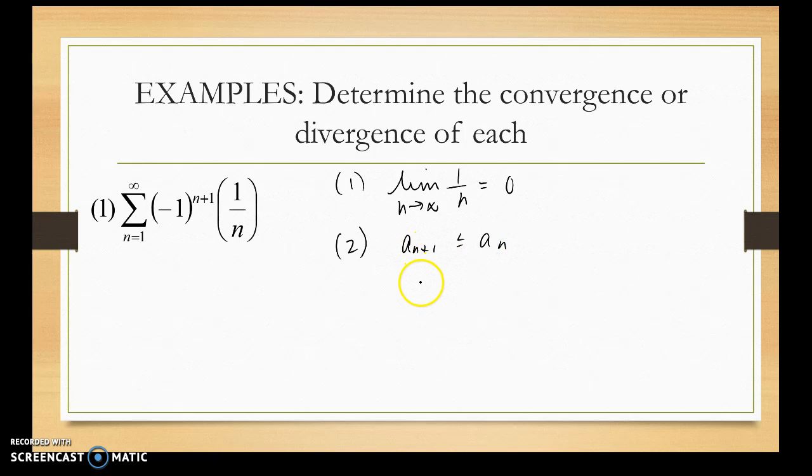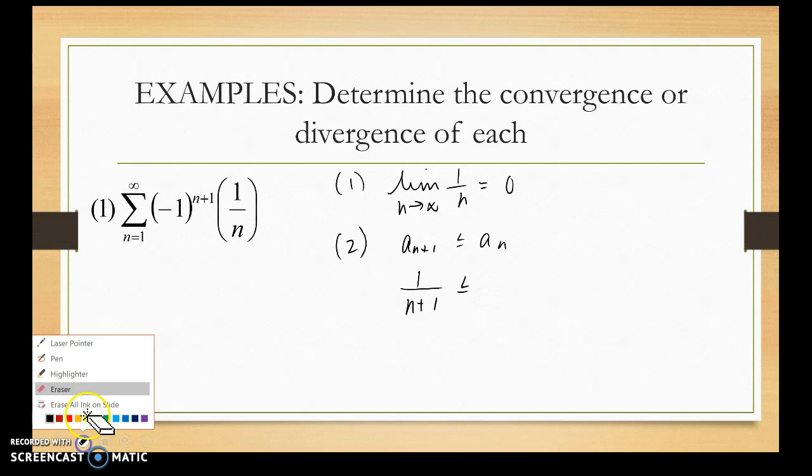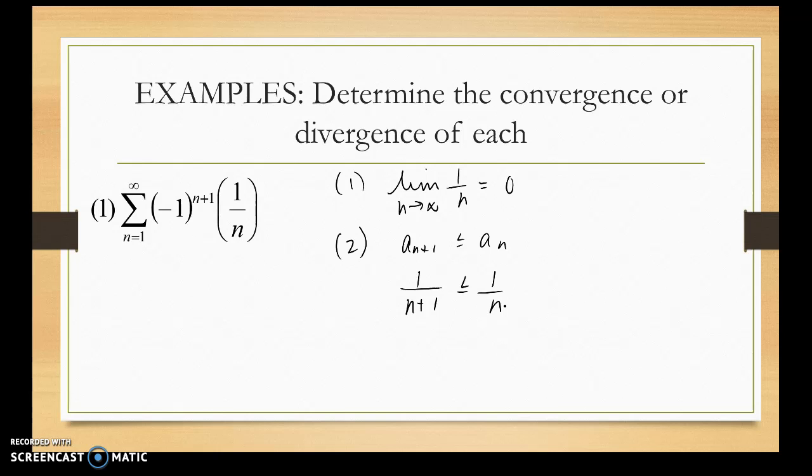So literally replacing n with n plus 1. 1 over n plus 1, bigger denominator, smaller fraction. So that condition checks out. Therefore, we say that the series converges.